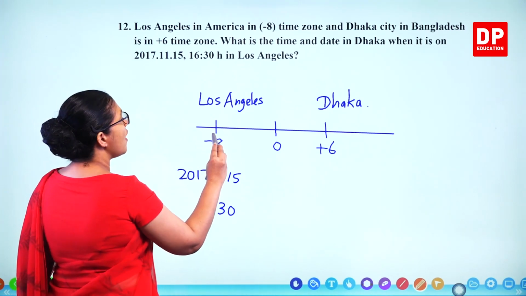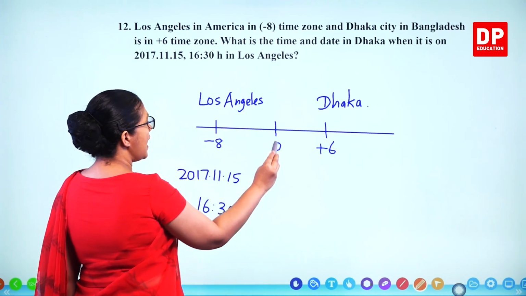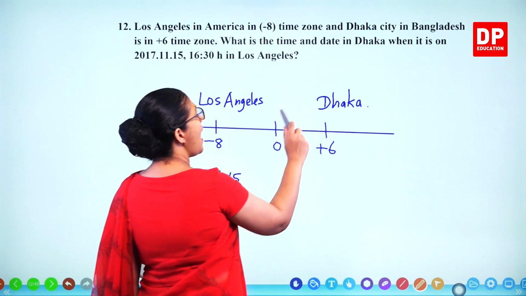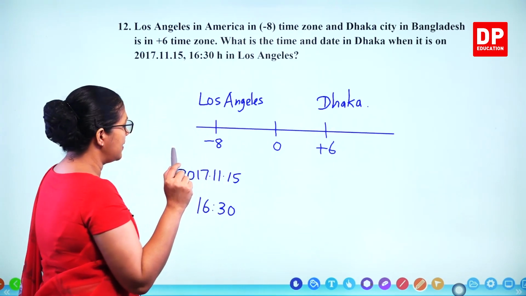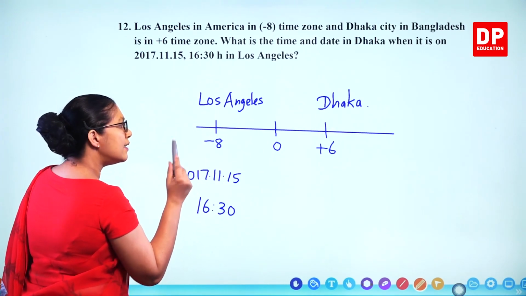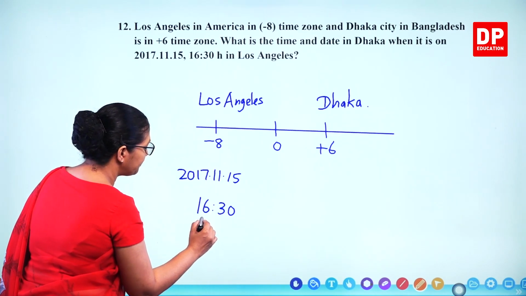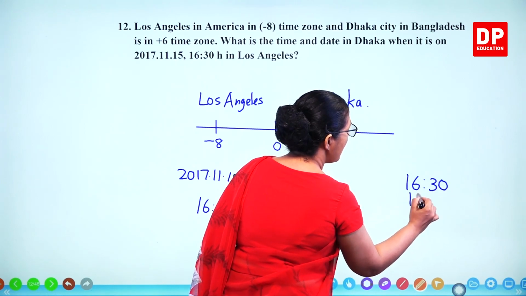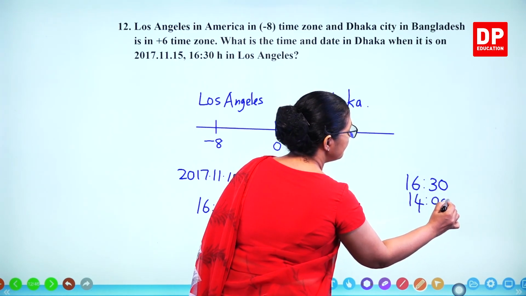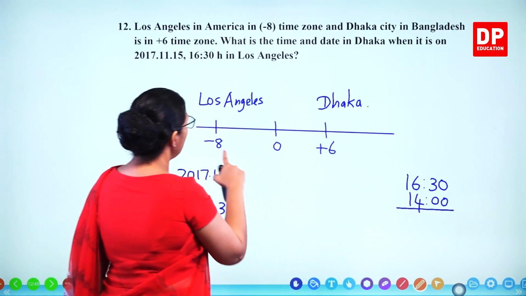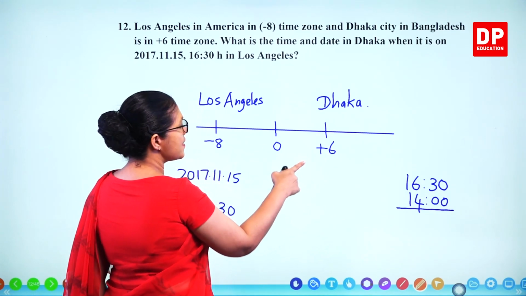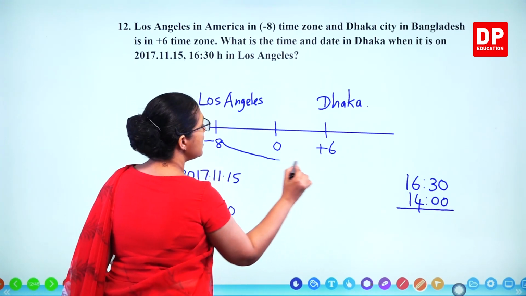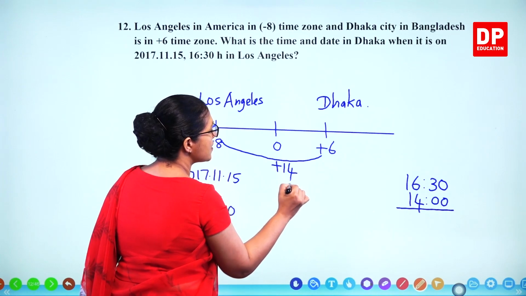Or you can find the Greenwich time. So add 8 and then add 6 again. So we'll add 14 to this. 16:30, add 14, because 8 plus 6 difference is 14 hours difference.